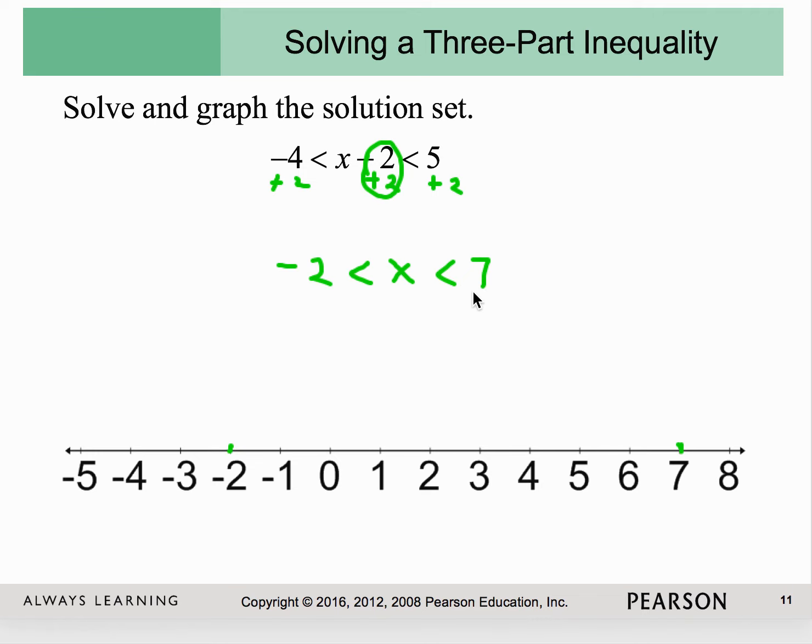Hey, it's going to both be parentheses, and they're going to face each other, of course, because I'm going to draw a line in between that negative 2 and 7. So it's everything in between there. And my interval will have a parenthesis facing this way on the negative 2, and a 7 with a parenthesis on it facing this way.